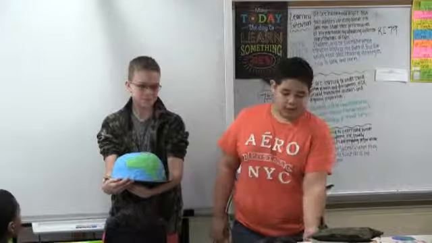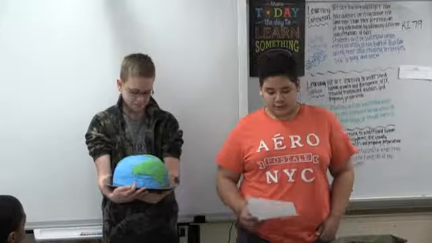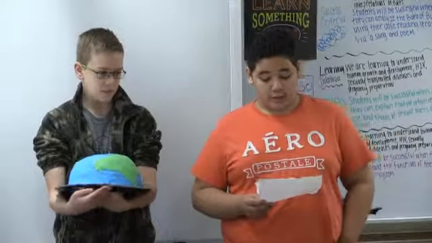I made a 3D model of the layers of the earth. It's a half sphere, and when you cut the cake open, it has the layers of the earth, and the colors are in order.